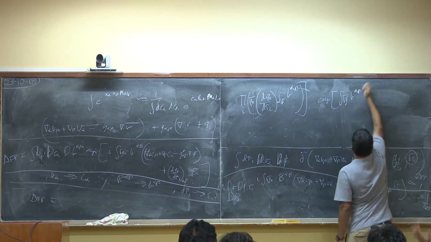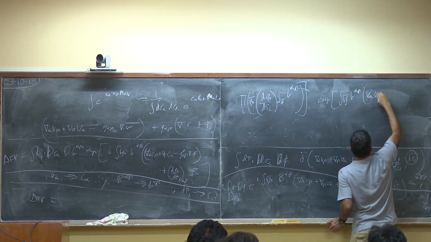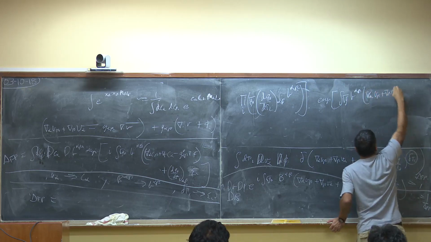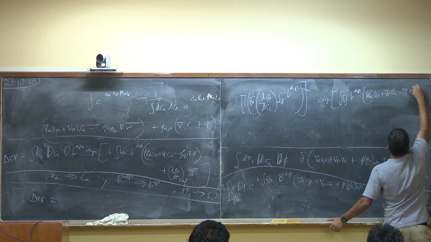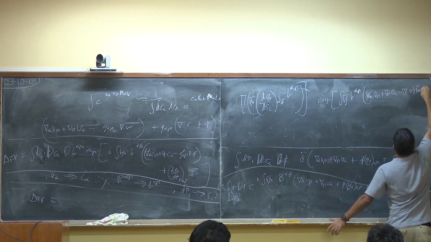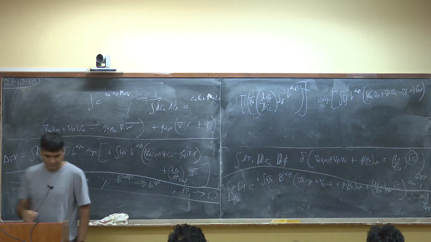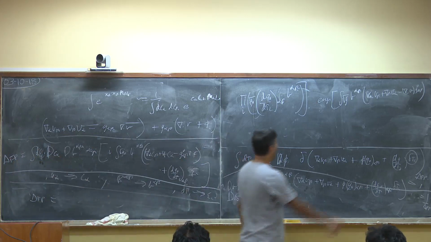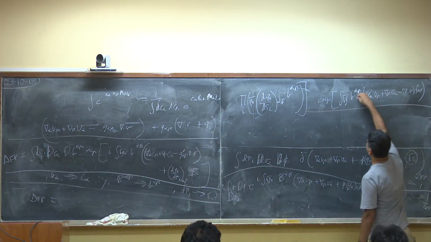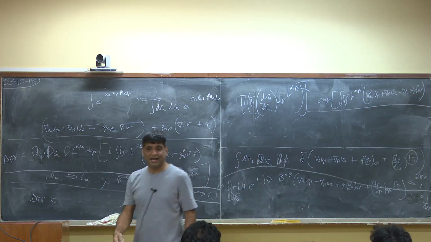Okay. Let's write it out. V beta plus del beta V alpha minus del dot V g naught alpha beta, where these quantities here are fermionic variables.